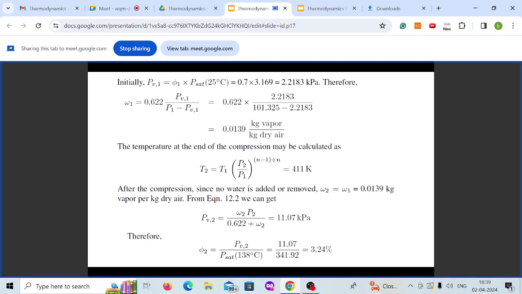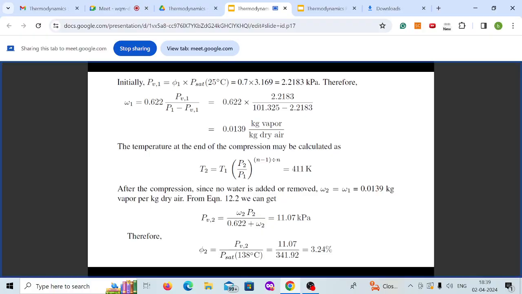Next we need to find out the temperature at the end of compression. This can be calculated because the compression happens as a polytropic process. For any polytropic process, you can write T2 by T1 equals P2 by P1 raised to power n minus 1 by n. We know n is 1.25 because the polytropic process is PV raised to power 1.25 equals constant.